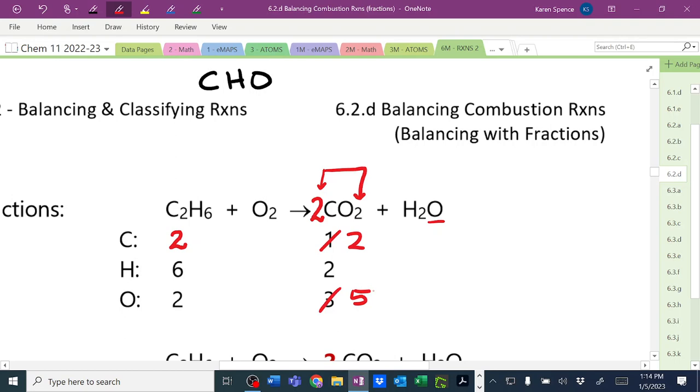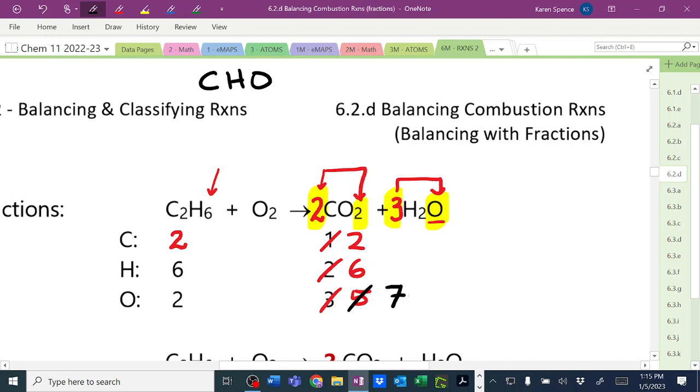So I've done the carbon. Now I'm going to do hydrogen. I have 6 hydrogen here, so if I multiply this by 3, that gives me 6 hydrogen here, but that also changed the oxygen. So now I have 2 times 2 is 4, plus another 3 is, how many oxygens in total now? 7.